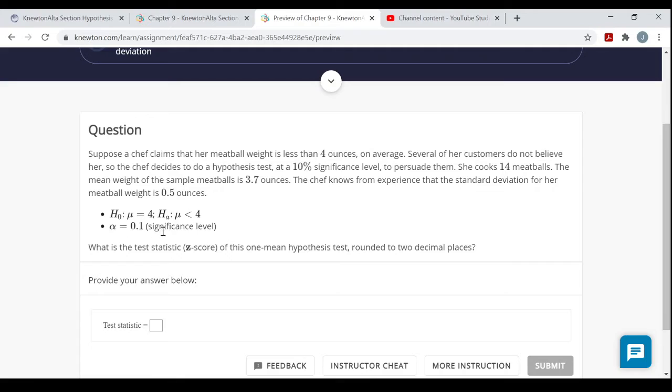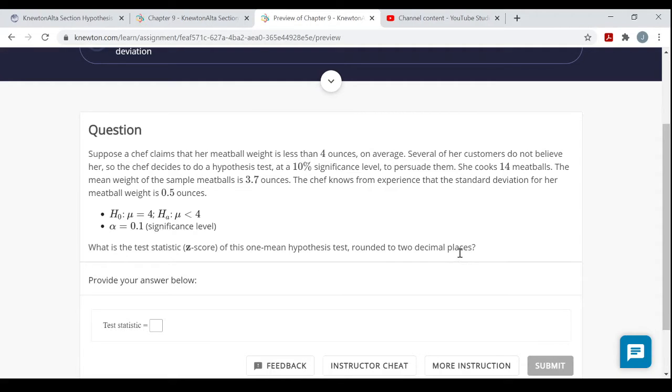Then the second step would have been to identify a significance level, which was mentioned here at 10%. So alpha is 0.1. If it's not mentioned, we're going to assume that it's 5%, but here it is mentioned as 10%.